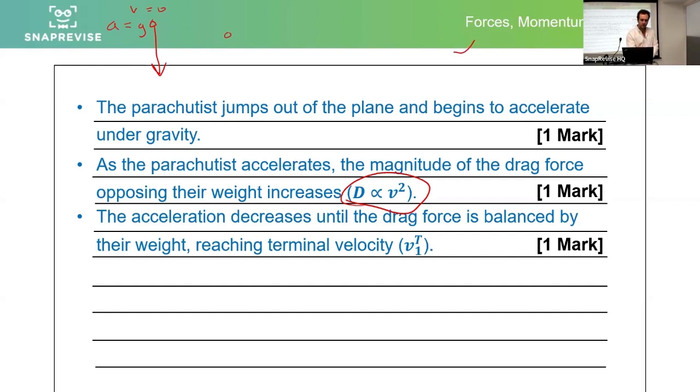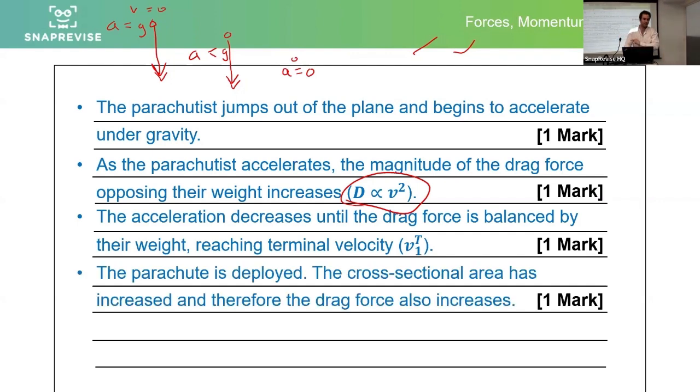After a while, their weight is still the same, but there's a drag force against them, so the resultant force is smaller, and so the resultant acceleration is smaller. So their acceleration is now a bit less than g, and then after even more time, the drag equals their weight, and in fact there is no acceleration. Acceleration is 0. They've reached terminal velocity, and that is the story so far.